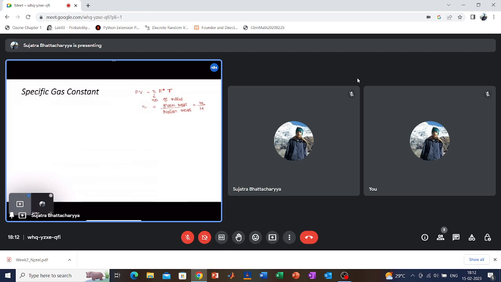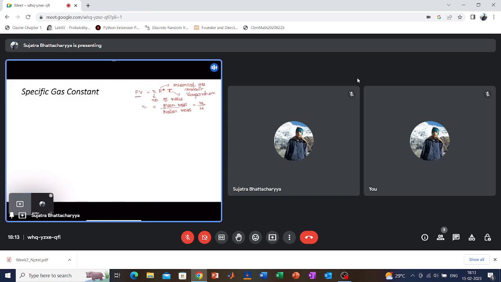Now what does this R star represent? We all know that it is the universal gas constant, and T is the temperature of the gas, and P and V are the pressure and the volume.